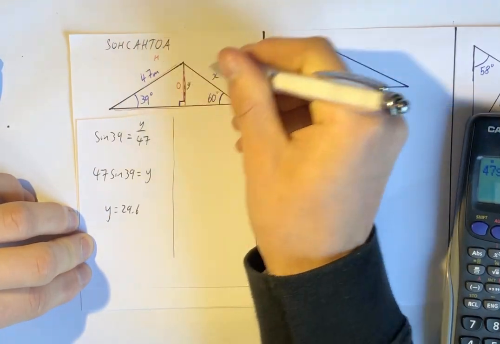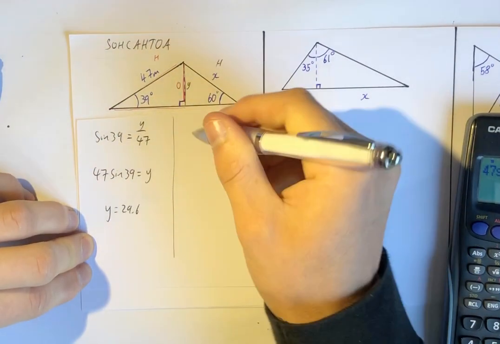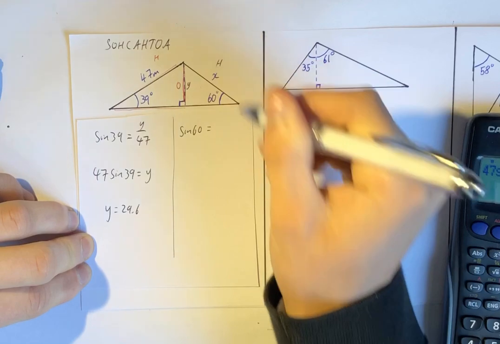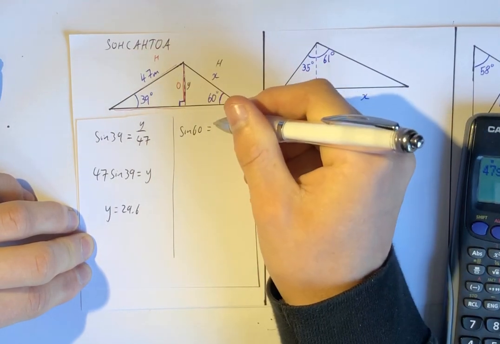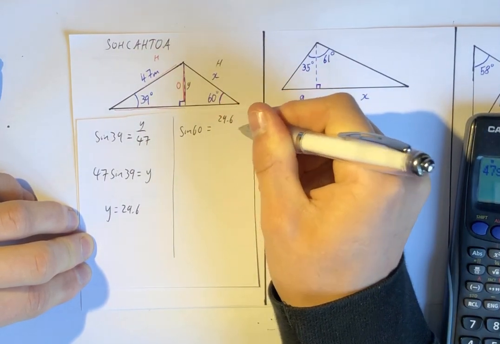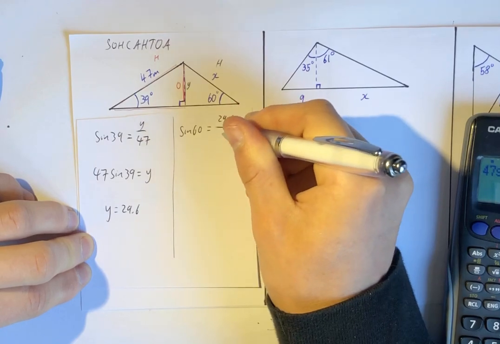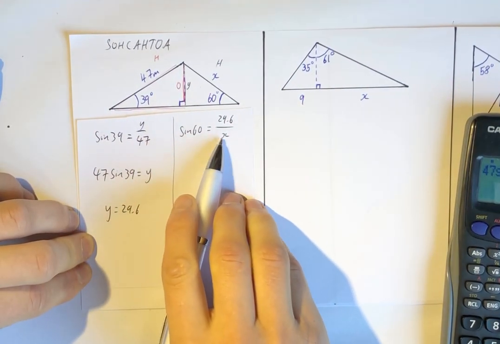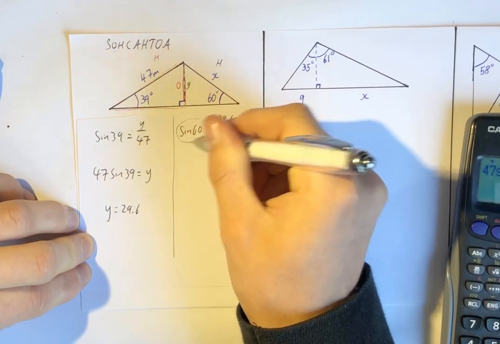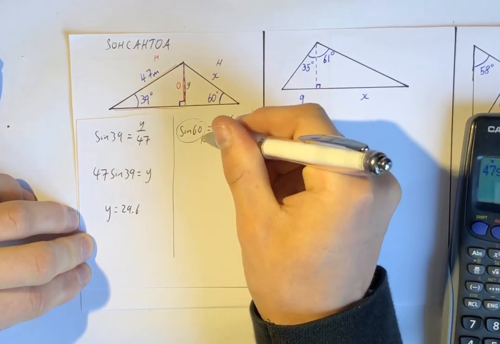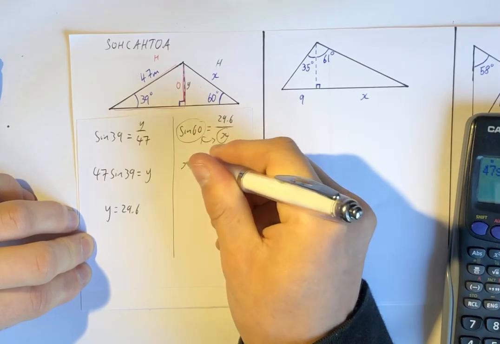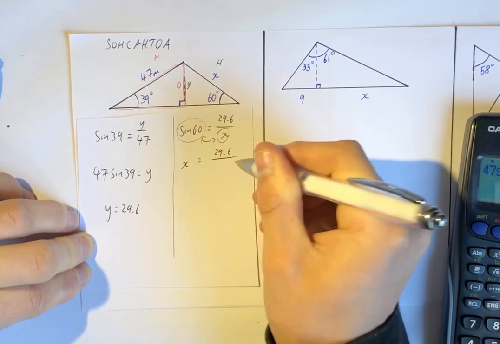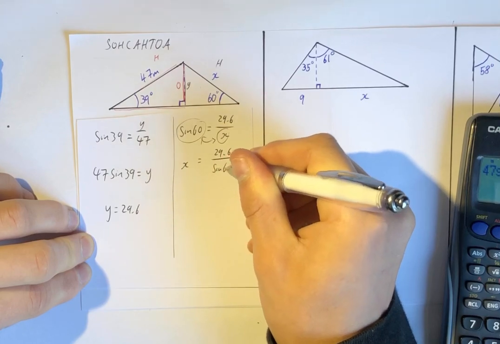So again, it's O and H. That means that if I take sine of 60, that's equal to O over H. So that's going to be 29.6 as my opposite over my unknown, which is x. And now my denominator is the unknown. So I do this thing where I can switch both of those, and so x becomes sine 60 and sine 60 becomes x.